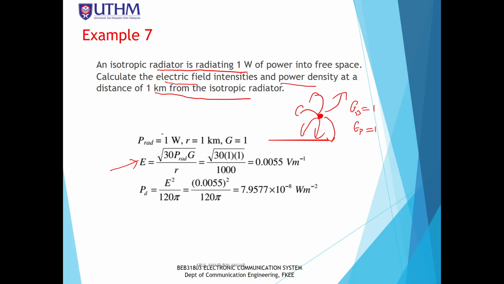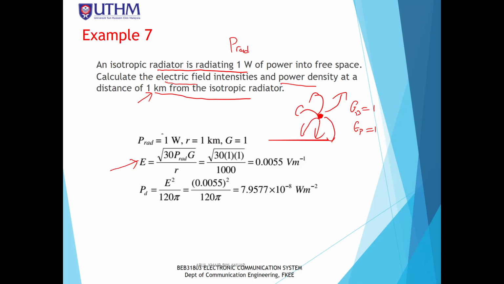Radiating power means P radiation. Then you are given the distance, 1 kilometer. Remember, 1 kilometer you need to convert into meter, so it becomes 1000 meter.